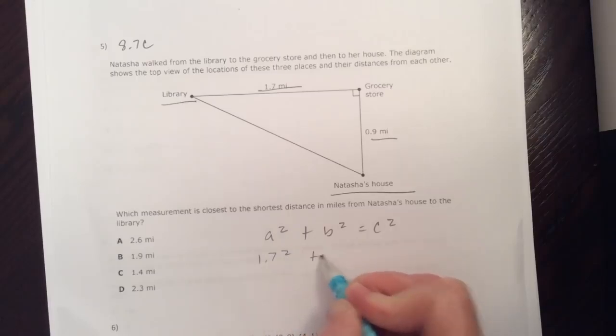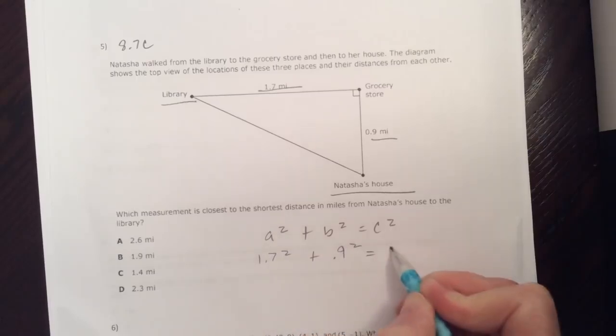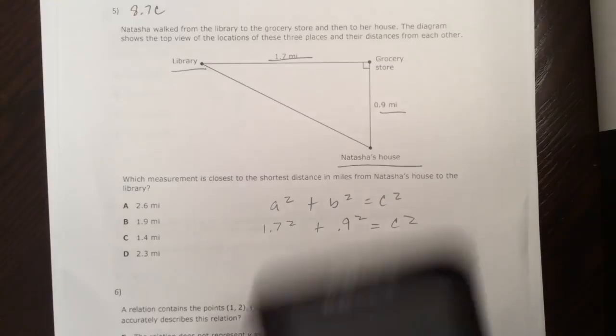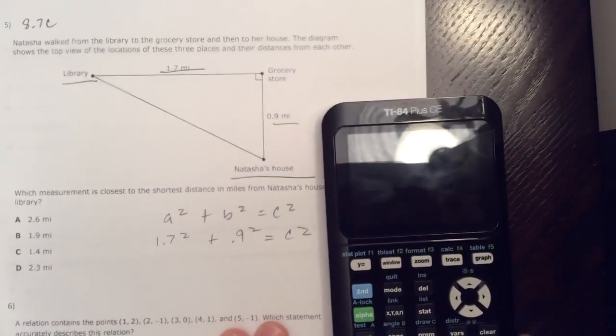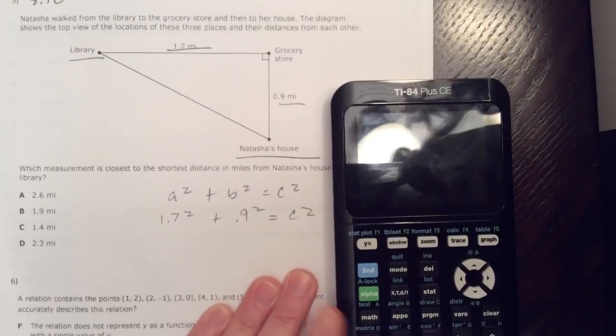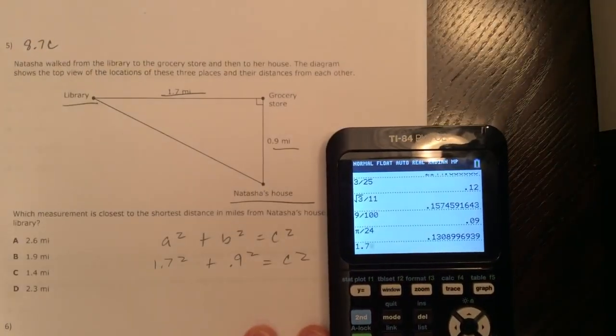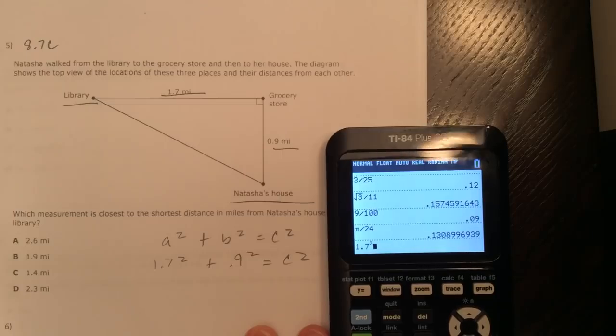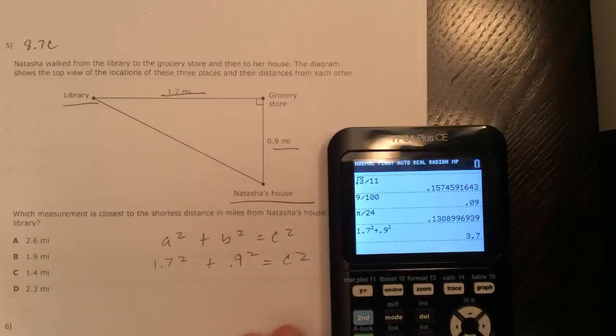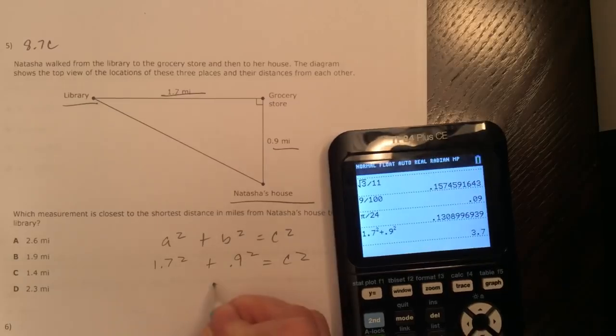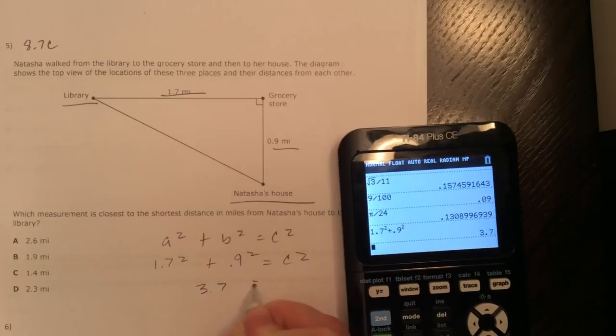1.7 squared plus 0.9 squared equals c squared. Let's put that in the calculator and see what we get. 1.7 squared plus 0.9 squared, enter. Now we want to take the square root of 3.7.